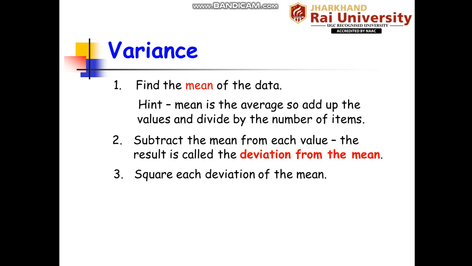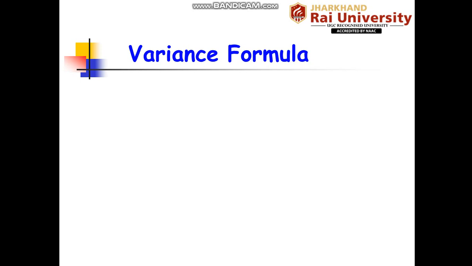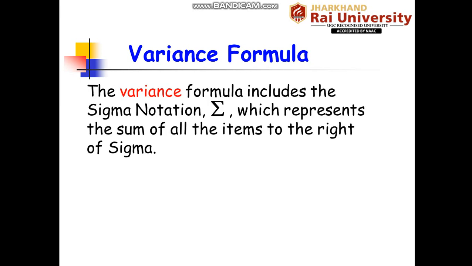After that we square each deviation from the mean, find the sum of the squares, and divide the total by the number of items. This is the process of calculating the average, and the variance formula includes the sigma notation, which represents the sum of all the items to the right of the sigma.